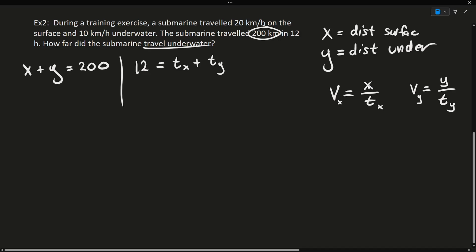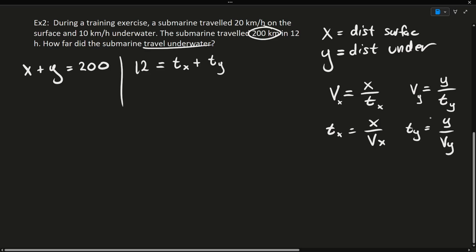And so the thing that I'd like to do here is solve for the time variable in this formula here, and I'd like to solve for the time variable in this formula as well. All right? So if I solve for time in each of these formulas, it's going to look like this. Time of x is equal to x over velocity x. Time of y is equal to y over velocity y.